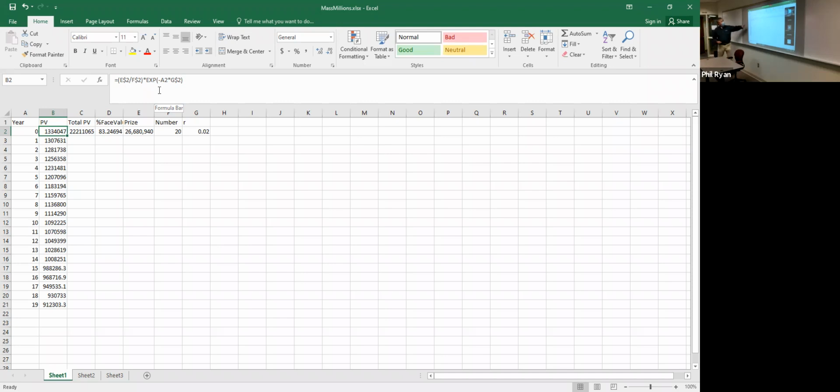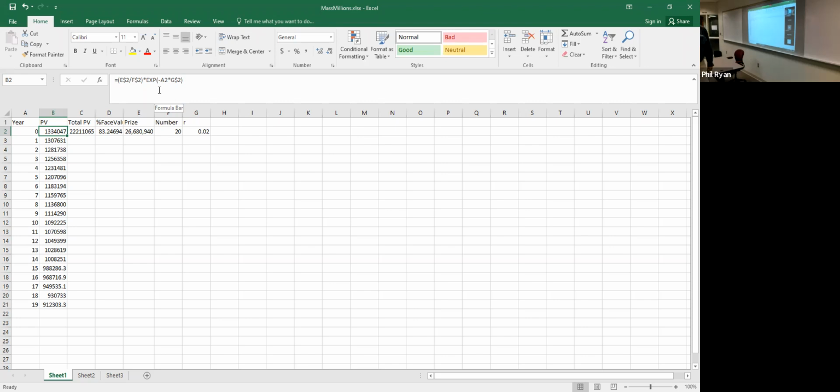If you add up all these values, you get the total present value, which is not 26,680,000 but 22,211,000. That's only about 83% of the actual 26 million, so they're saving 17%. That's if the interest rate is 2%.